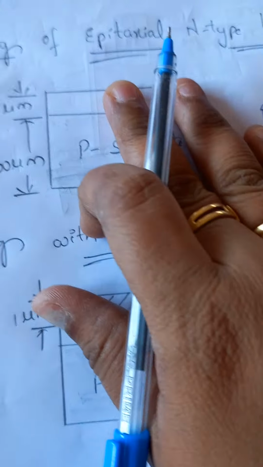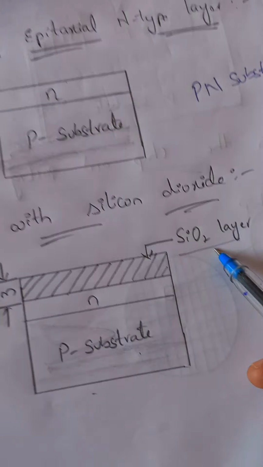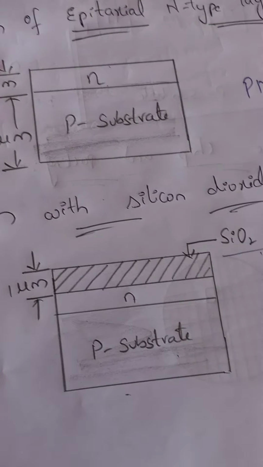Completely over this PN substrate, I'm going to grow a 1 micrometer layer of silicon dioxide. This is achieved like that.